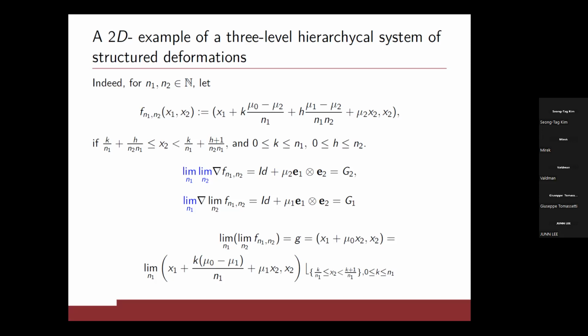Or you can consider something else. You first take the limit of your deformation in N2, so you pass from the micro level to the sub-macro level. You consider the absolutely continuous part, so let's say the smooth change of this intermediate deformation, and then you consider the limit as N1 goes to infinity, and you achieve your field G1.